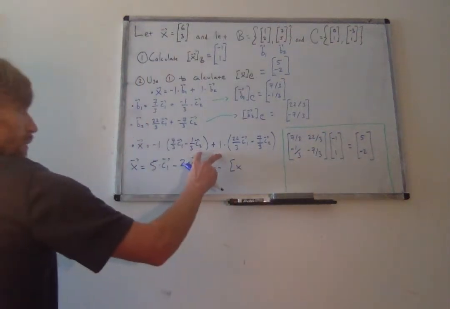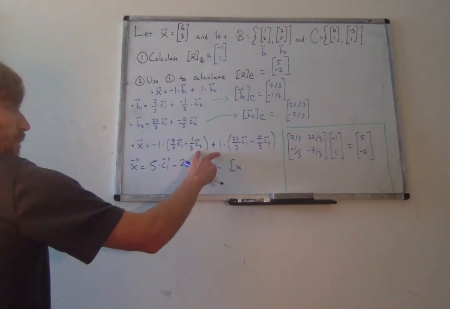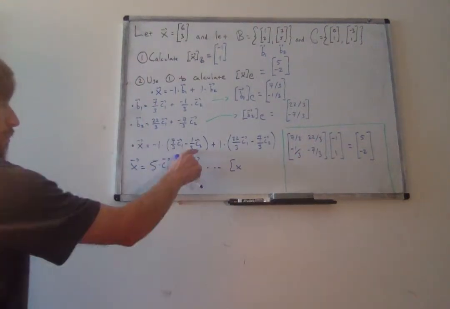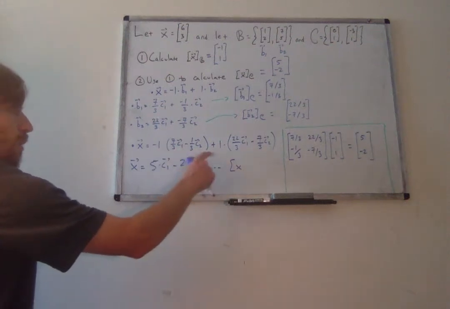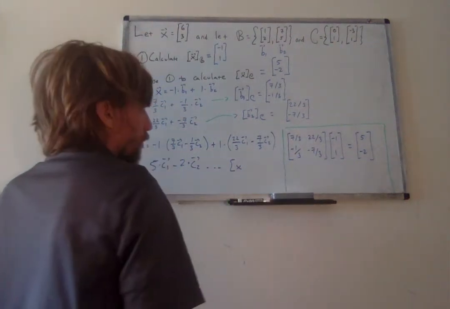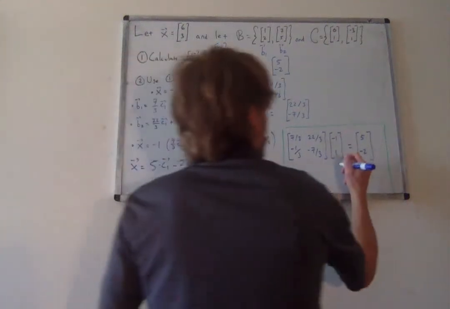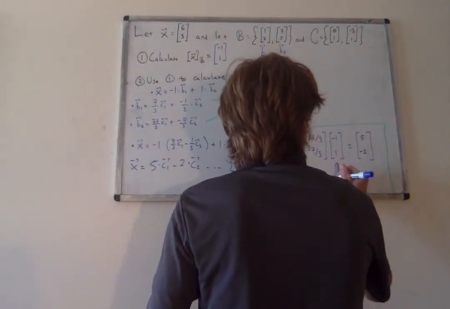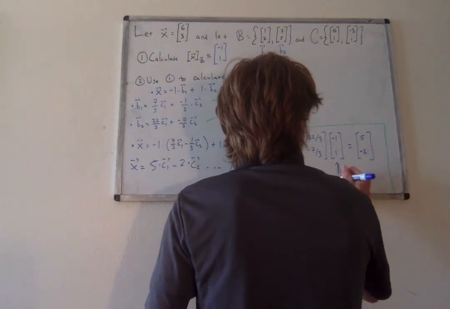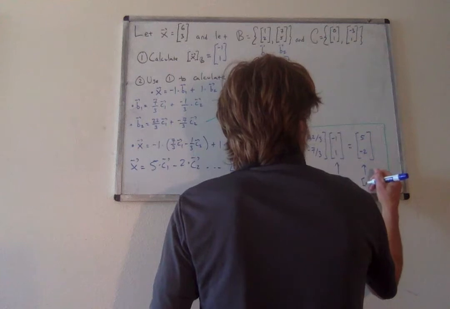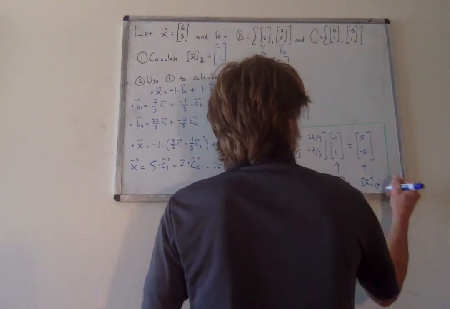Same with this: -1/3 times -1 for C2 matched up with -7/3 times 1 for C2 gives me a coefficient of -2. So notice that this is the B representation of x. This is the C representation of x.